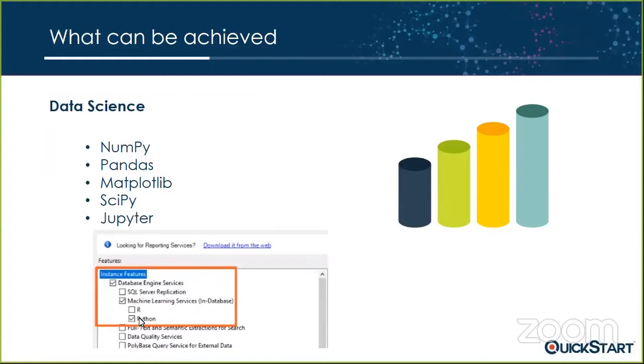Microsoft included Python in SQL Server 2017 because of its popularity. So if you are asked to do something in SQL Server, and your background or skills have nothing to do with SQL Server, but you know Python, you would be able to perform machine learning and these different kinds of tasks in SQL Server as well.